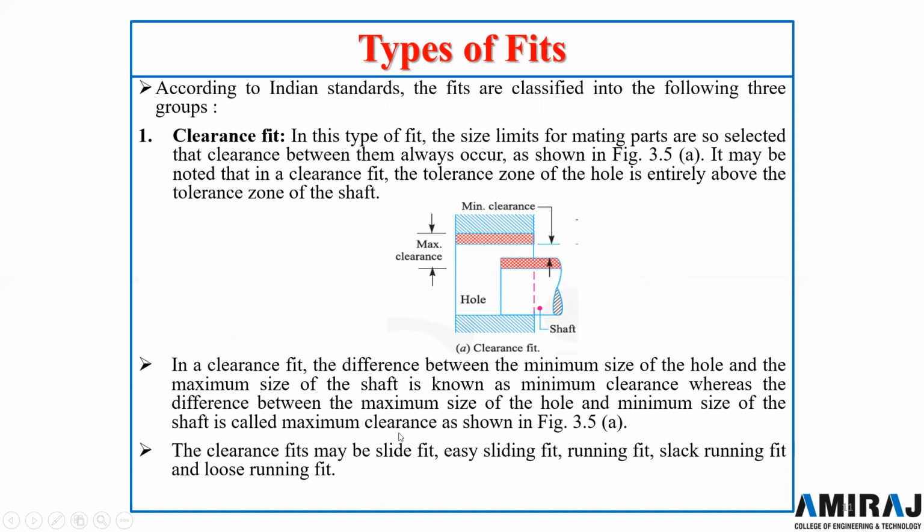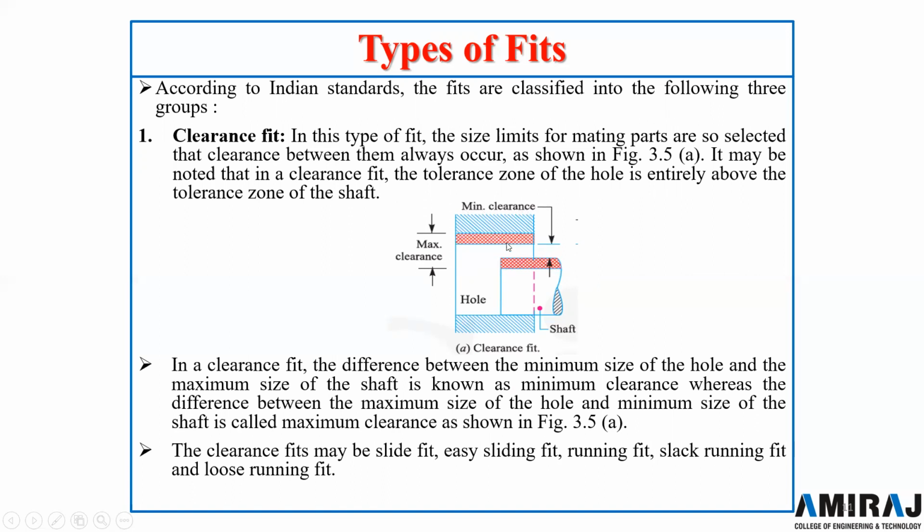So here we have defined two terms. The first one is the maximum clearance and the second one is the minimum clearance. Maximum clearance is the difference between the maximum size of hole and minimum size of shaft, while the minimum clearance is the difference between the minimum size of hole and maximum size of shaft.